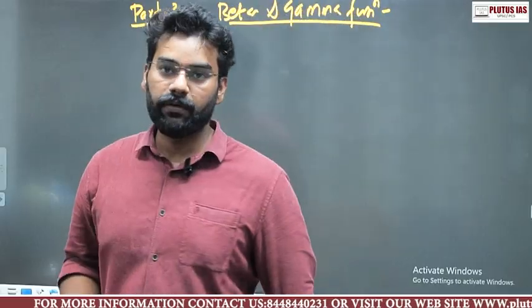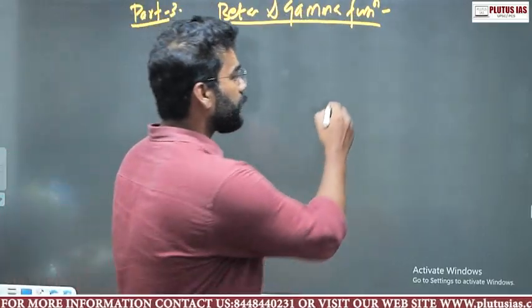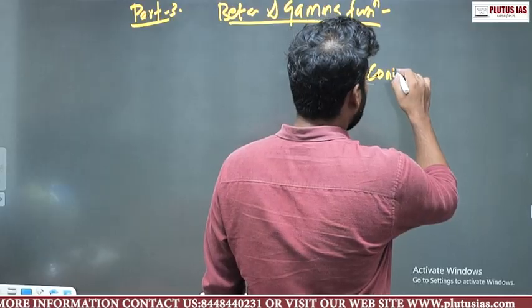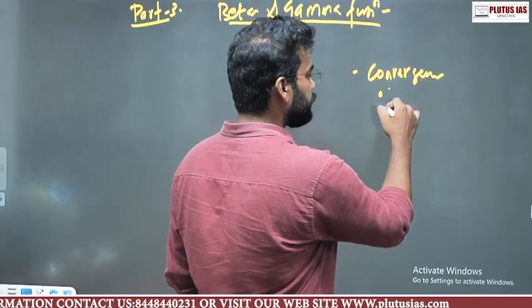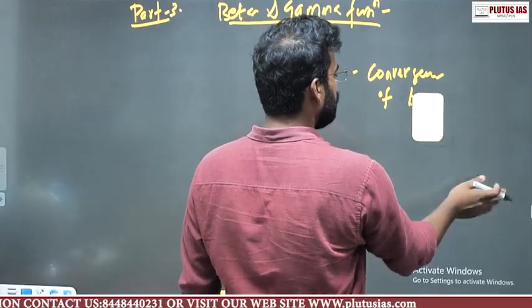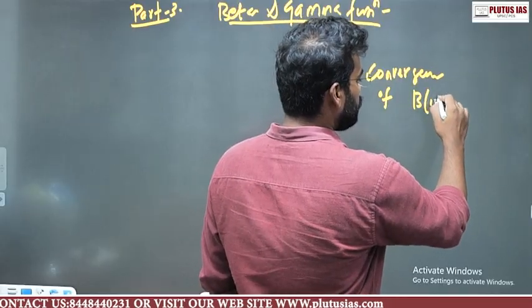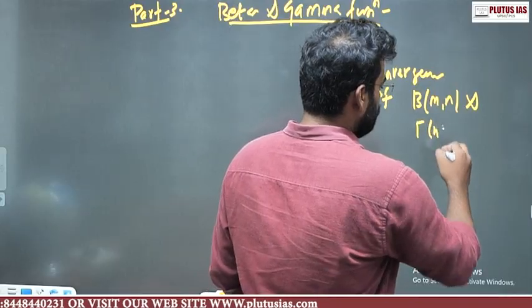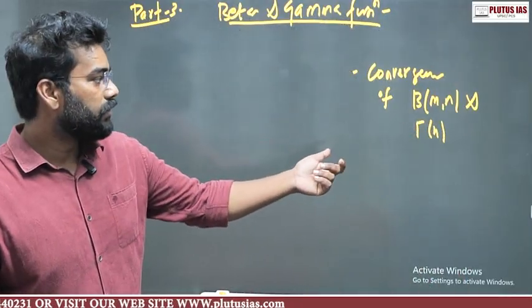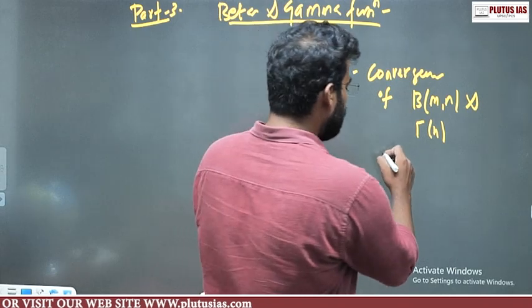So in part 2 we did convergence of beta and gamma n. So what was the conclusion?